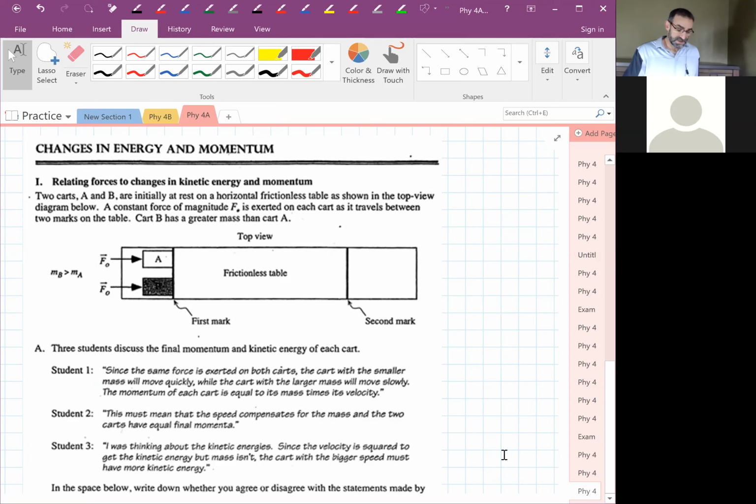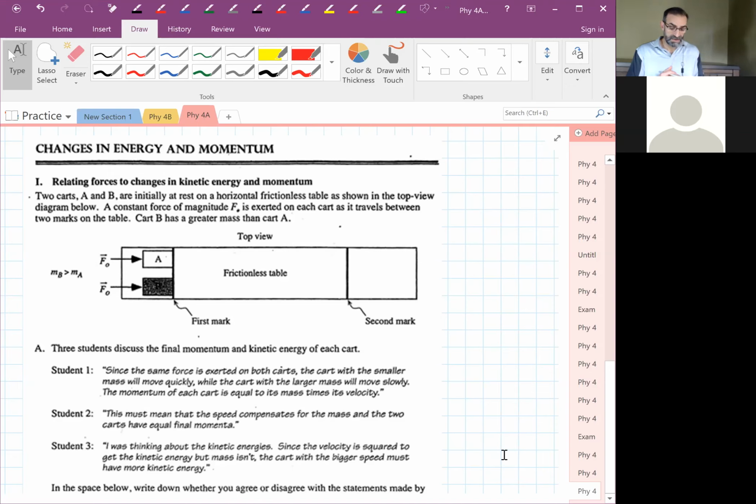So student two says momentum is mass times velocity. I know one of these carts is moving faster than the other one. Maybe that compensates, and when I multiply mass and velocity together, the momenta are the same. Student three says kinetic energy is mass times v squared. And so v is going to have a much bigger effect. So they're going with the lighter one, right?